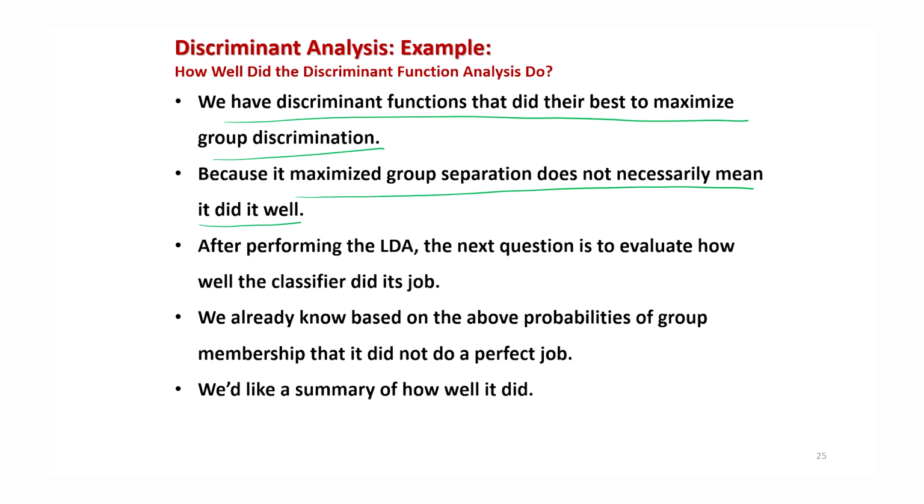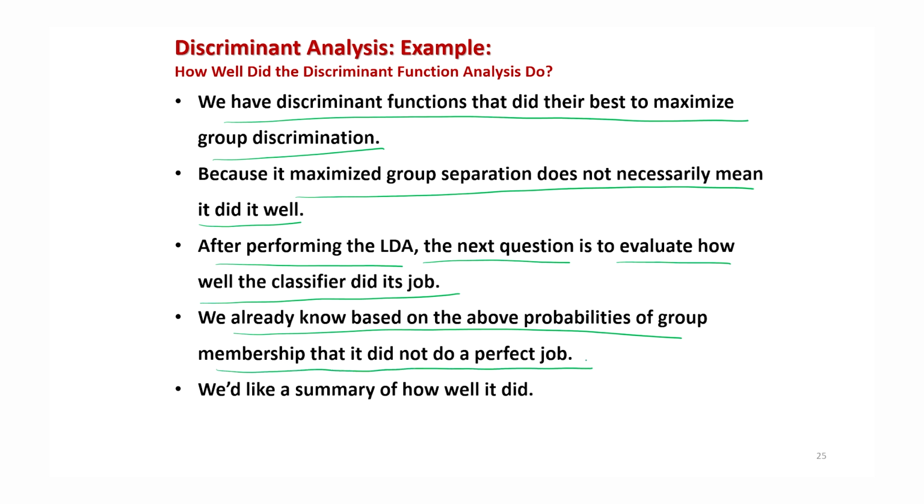So once you perform this linear discriminant analysis, the next question is how to evaluate how well the classifier did its job. We already know, based on the above probabilities of group membership, that it did not do a perfect job because one observation has been misclassified. So we would like to have a summary of all these observations, of what our LDA is doing.